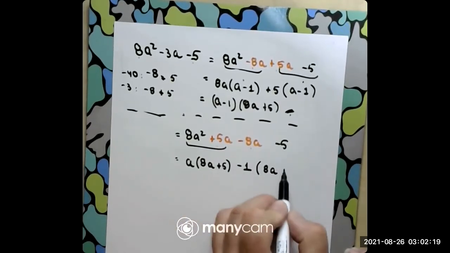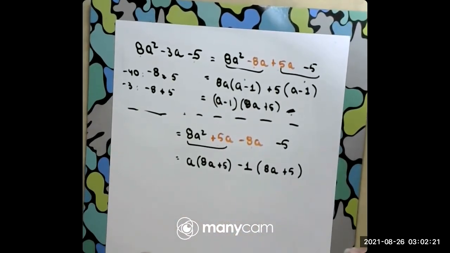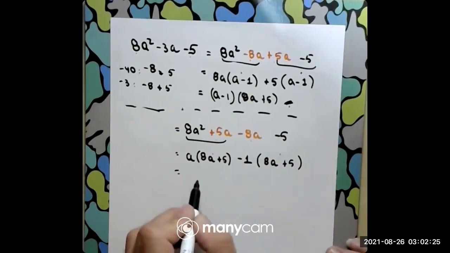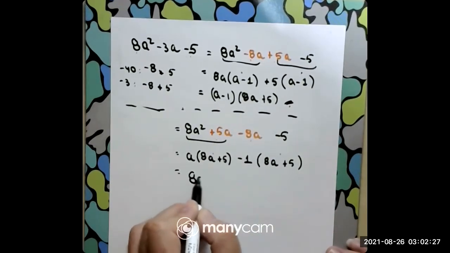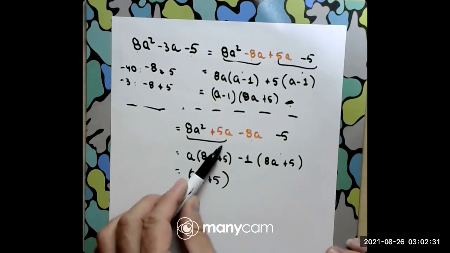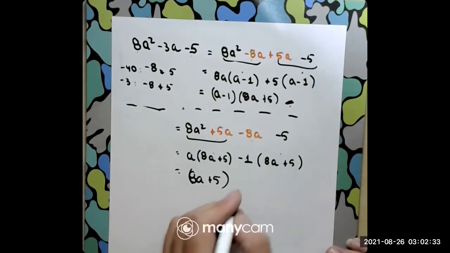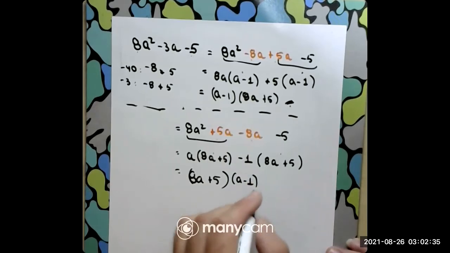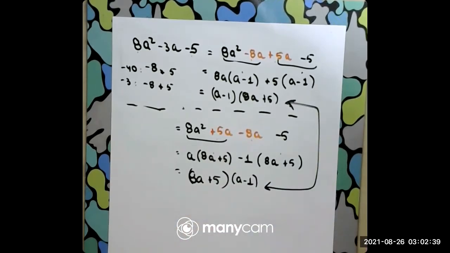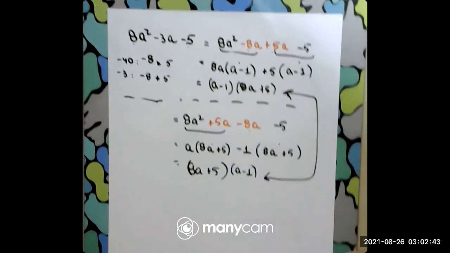Negative 5 becomes now plus 5. Guess what? 8a plus 5, 8a plus 5. So I can factor this out, and I leave a minus 1. Same answer as we had before. So it doesn't matter how you write it, you always get the same answer.